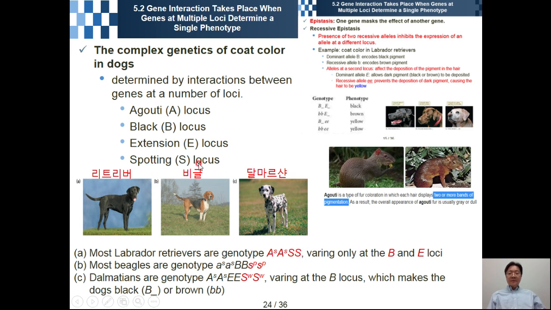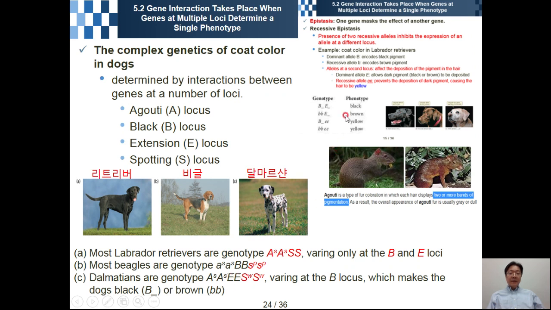S means the spotting locus. So if they have a large S, they will not have any spot. For example, Dalmatians will have SW, SW. It means that they will have the dot spotting: the background is white, and they will have another color, something like brown. The dot is brown. So Dalmatian is the A S. Some of them have the color agouti, and also they have large EE.